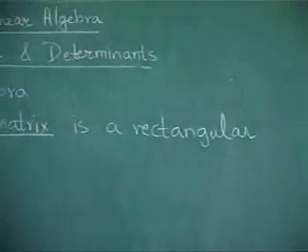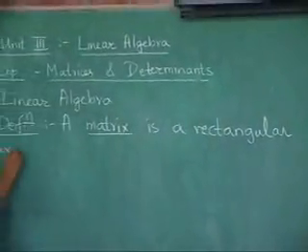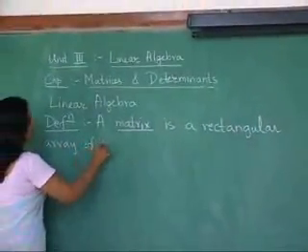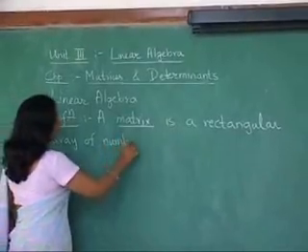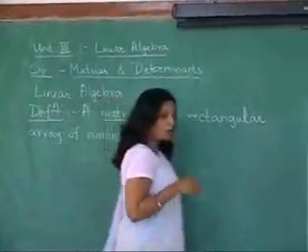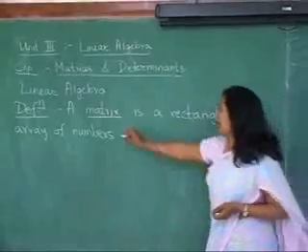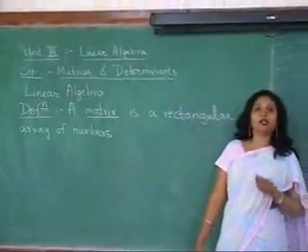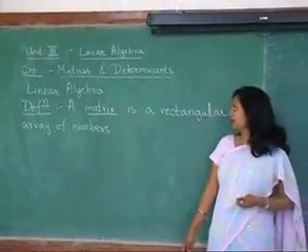A matrix is nothing but a rectangular array of numbers. It's simply an arrangement of numbers into rows and columns, and we enclose it within square brackets or round brackets.